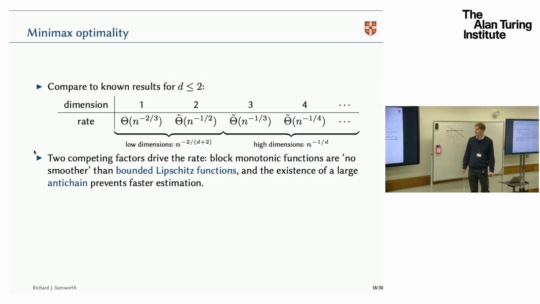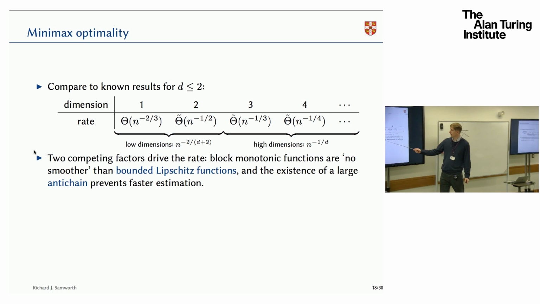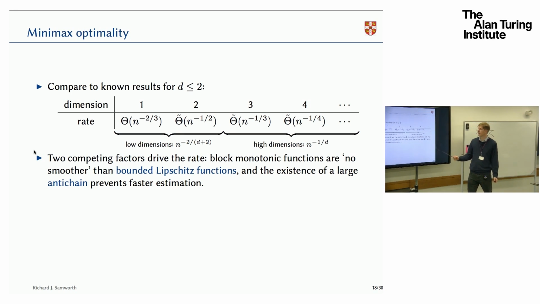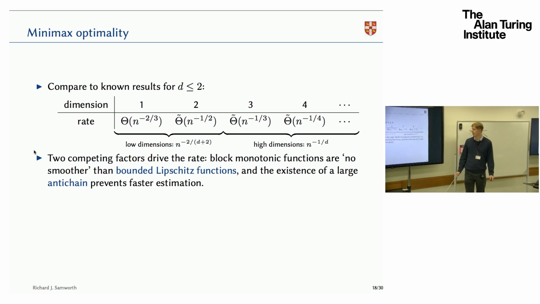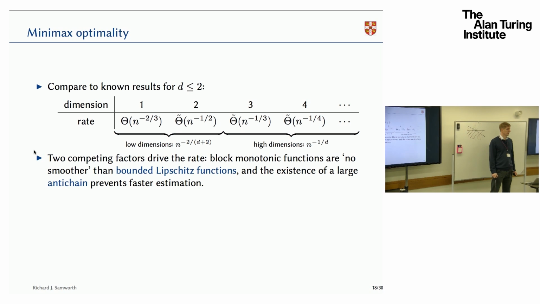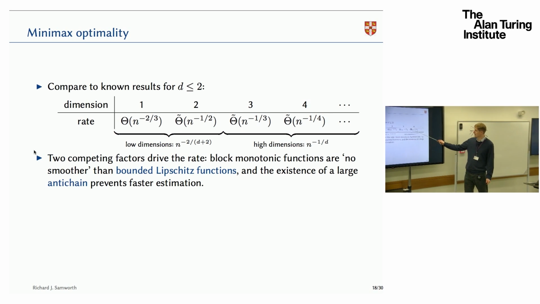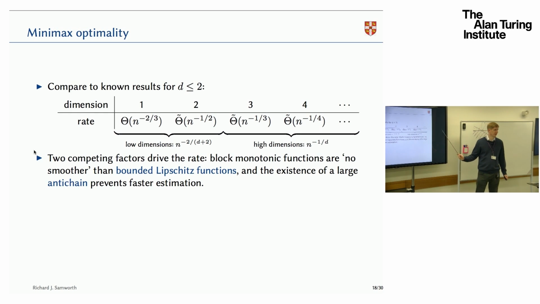So in 1 dimension, it's the chain that dominates. In 2 dimensions, they actually turn out to have the same contribution, both giving this rate of n to the minus a half. But in higher dimensions, it's the antichain that is the more constraining factor, and that leads to the slower rates of convergence. So this theta tilde is hiding the logarithmic factors here.